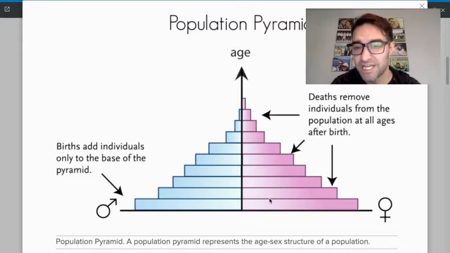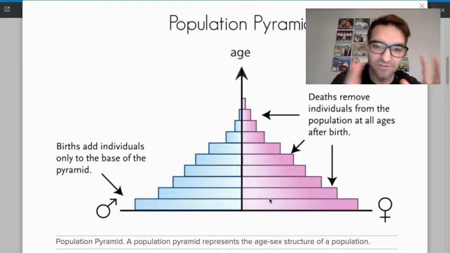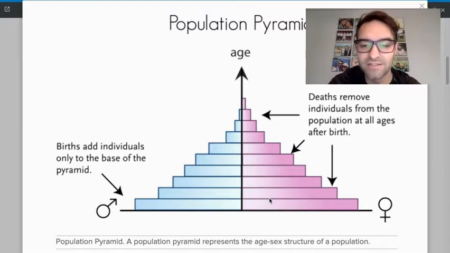Well, that's going to change the mating practices. That's going to change the competition for reproduction. And it could, depending on how severe it keeps going, lead to the downfall of the species. So it's really important that these are more or less balanced for reproductive success for the species.